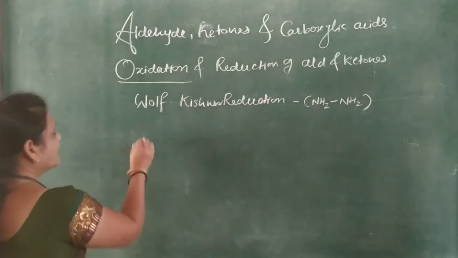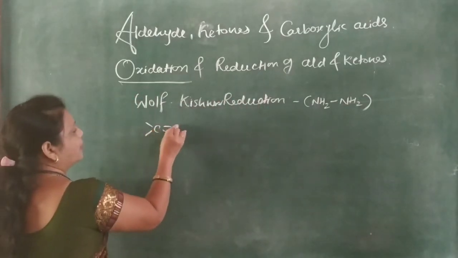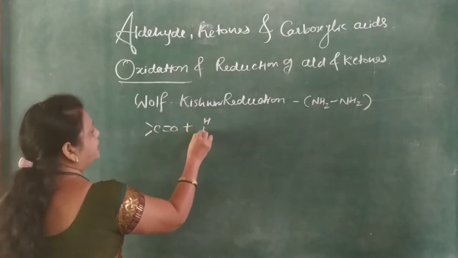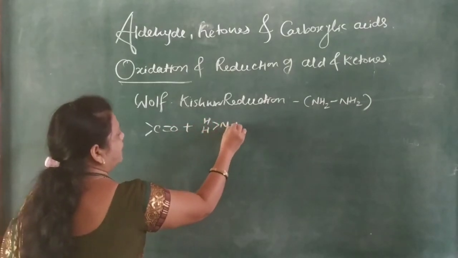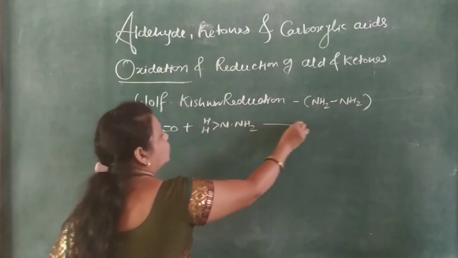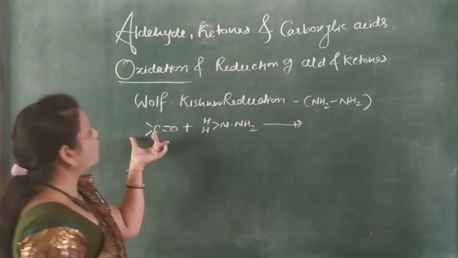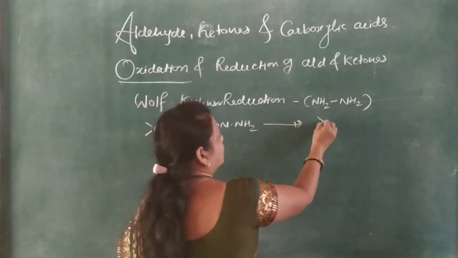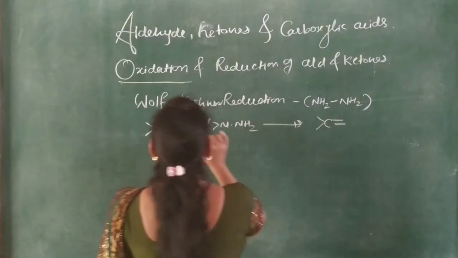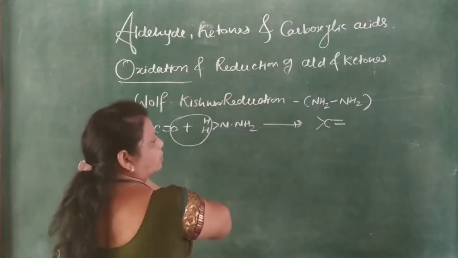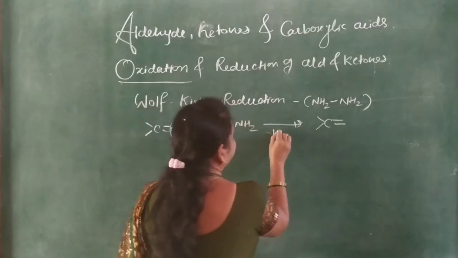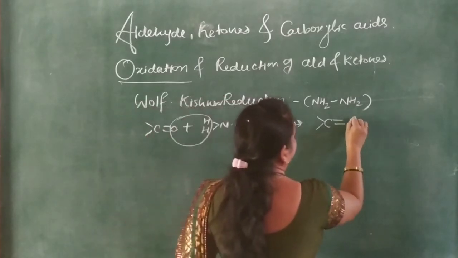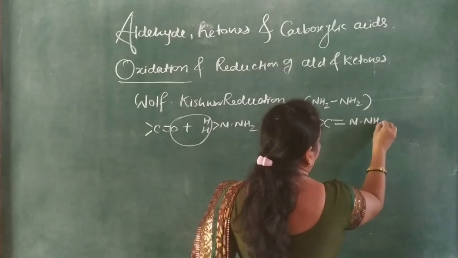So the aldehyde or ketone, this double bond O, reacts with hydrazine NH2. First it gives the corresponding aldehyde or ketone hydrazone. Means this O combines with 2 hydrogen, minus H2O, and here N and NH2.